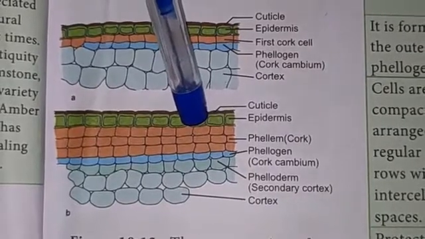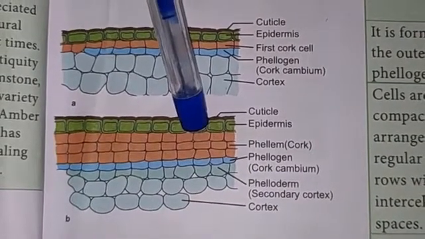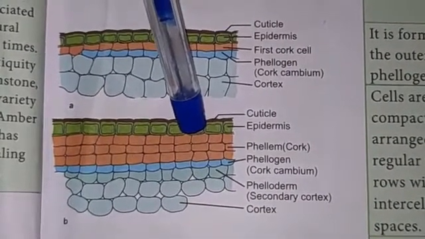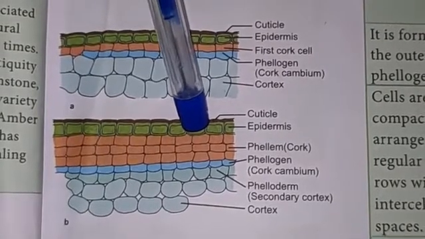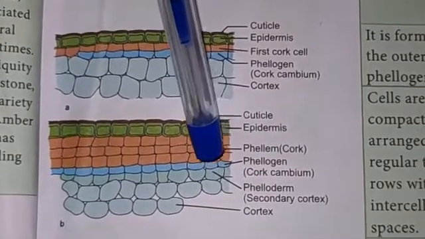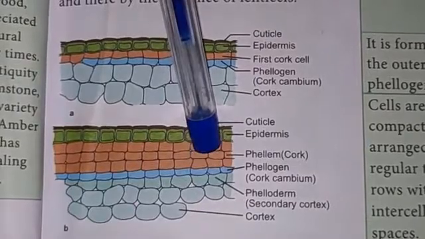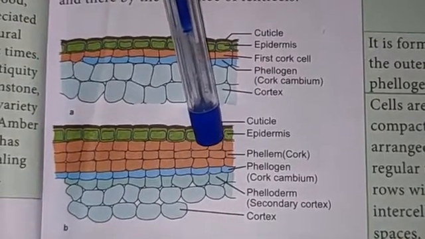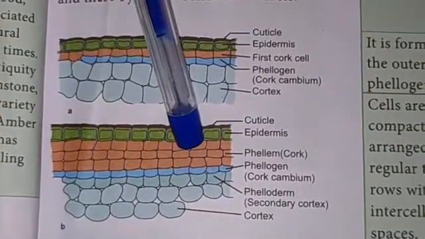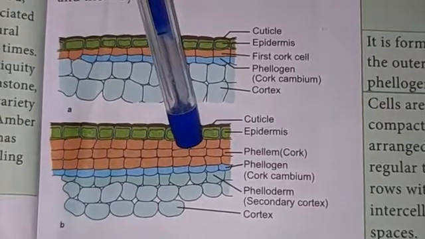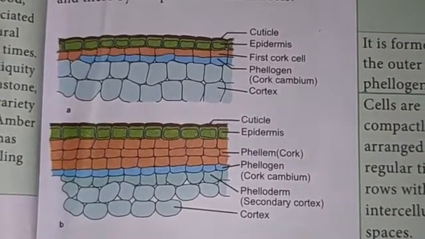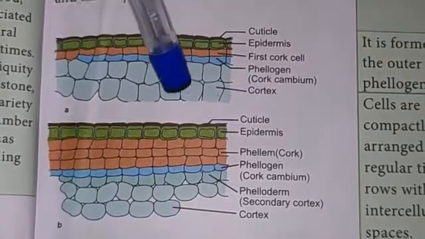It is very thick and hard in nature, and formed centrifugally. Centrifugally means outwards, by the phellogen. So it forms outward from the phellogen, as a part of the periderm. Phellogen is also one of the parts of the periderm.